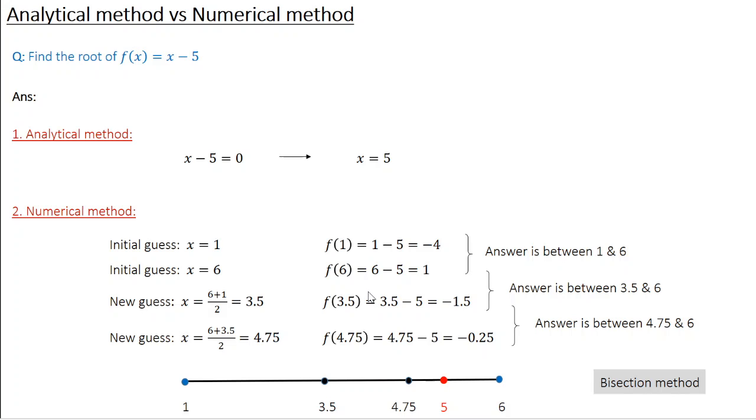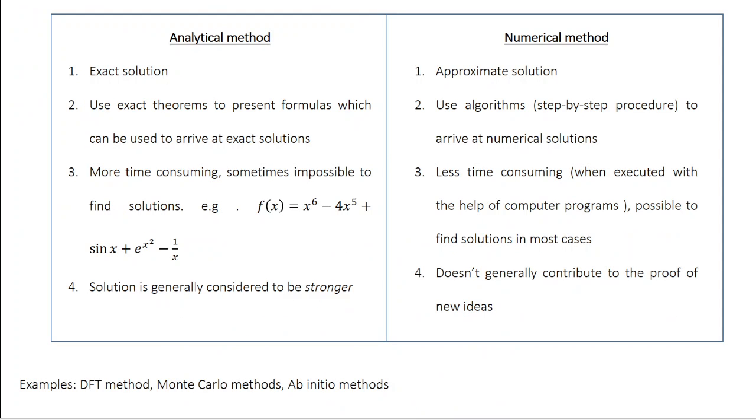But remember, when you write a computer program for this procedure, your computer operates at very high speed, like gigahertz of processing speed. So they can perform a large number of computations in 1 second. So even if the numerical methods take 100 or 1000 steps to arrive at the correct answer, for a computer operating in gigahertz processing speed, this is going to take 1 second or less than 1 second.